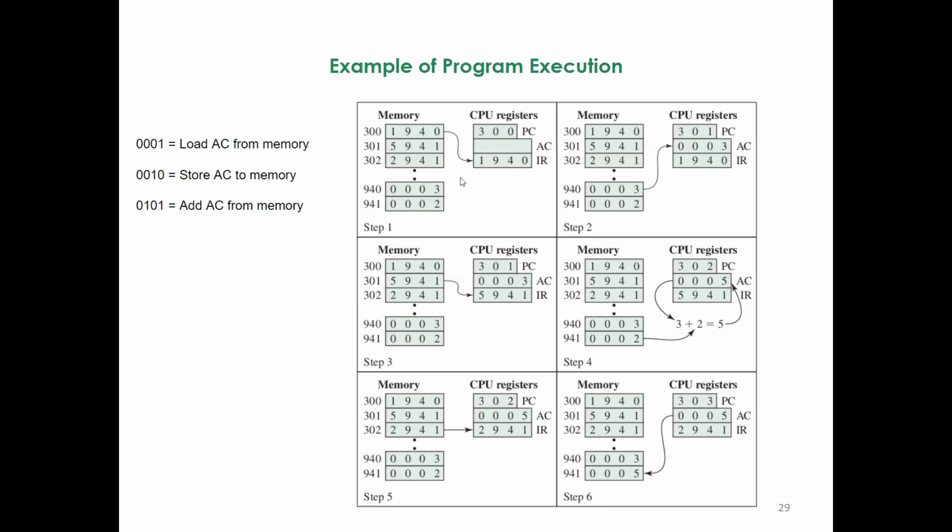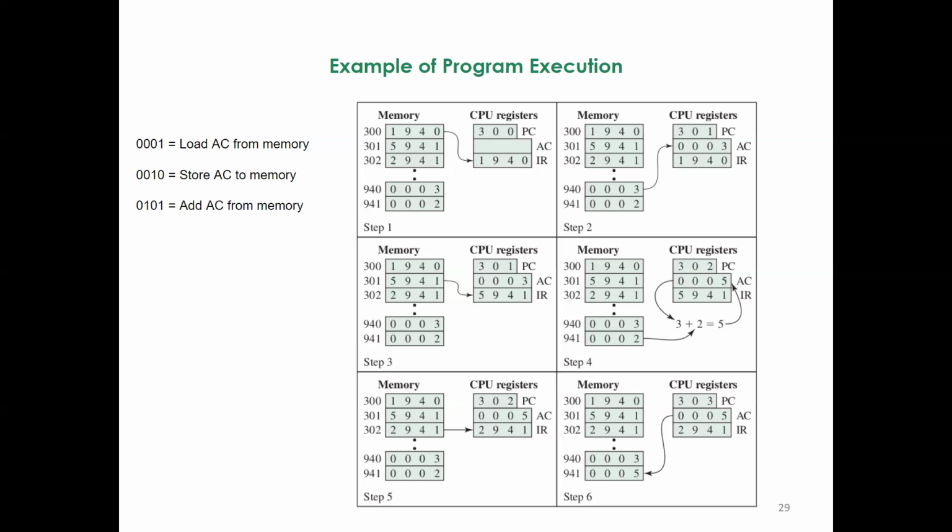Meaning we take 1940 and put it in IR. Step 2, we need to decode that instruction, which is inside IR. How? By looking at the first 4 bits, which is 1, meaning 0001.